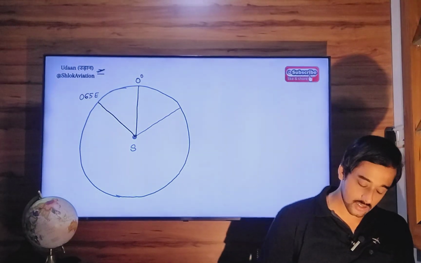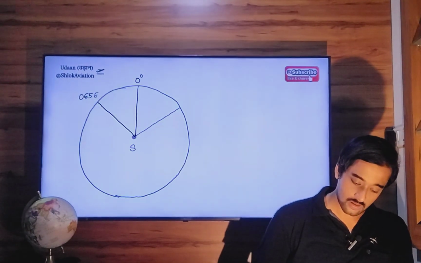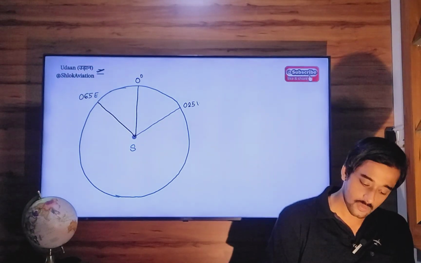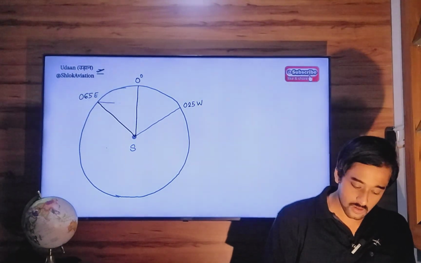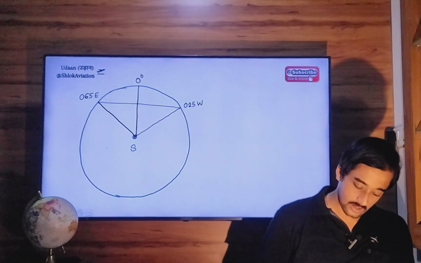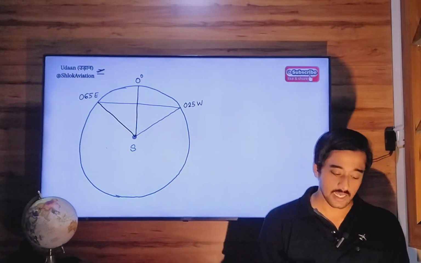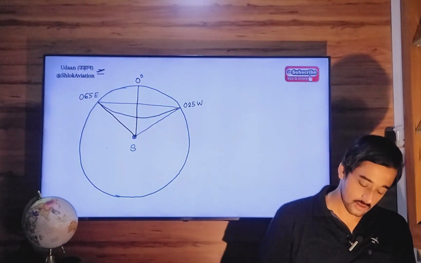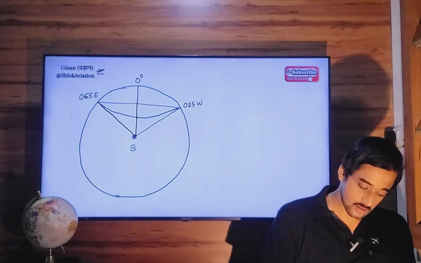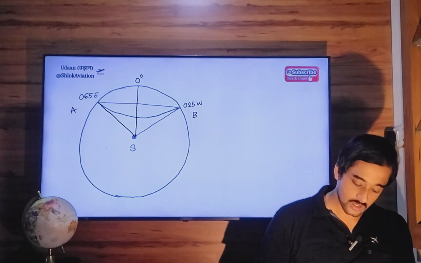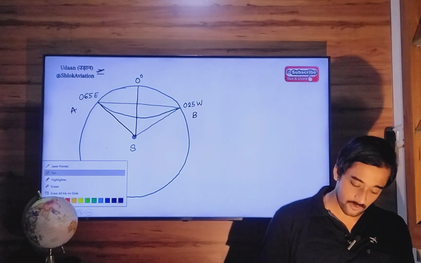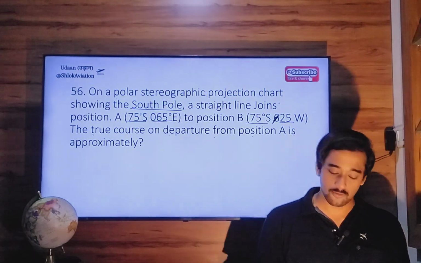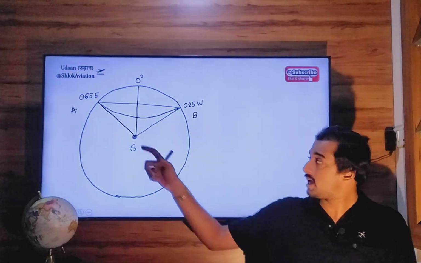And this is 25 west. Great circle will be towards the nearest pole of projection, that is south pole. So we have to find out the true course on departure from position A. Now position A is 65 east.